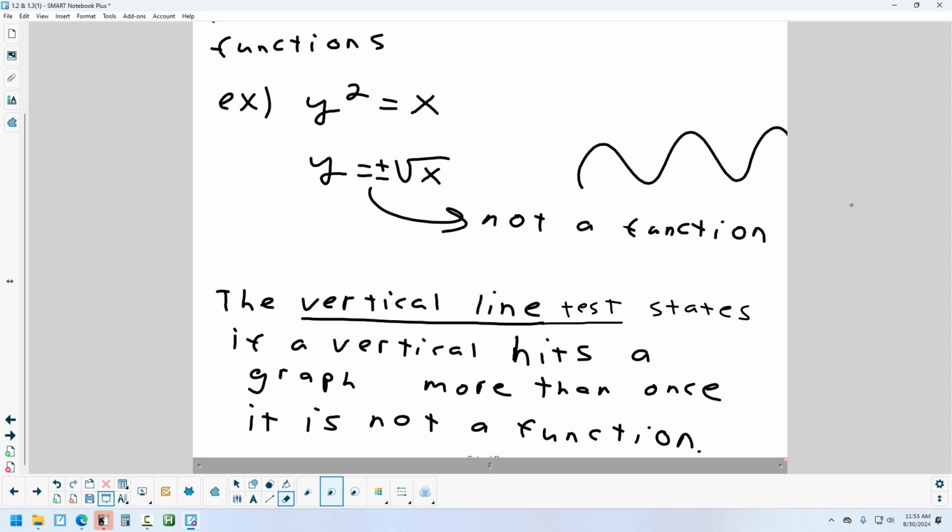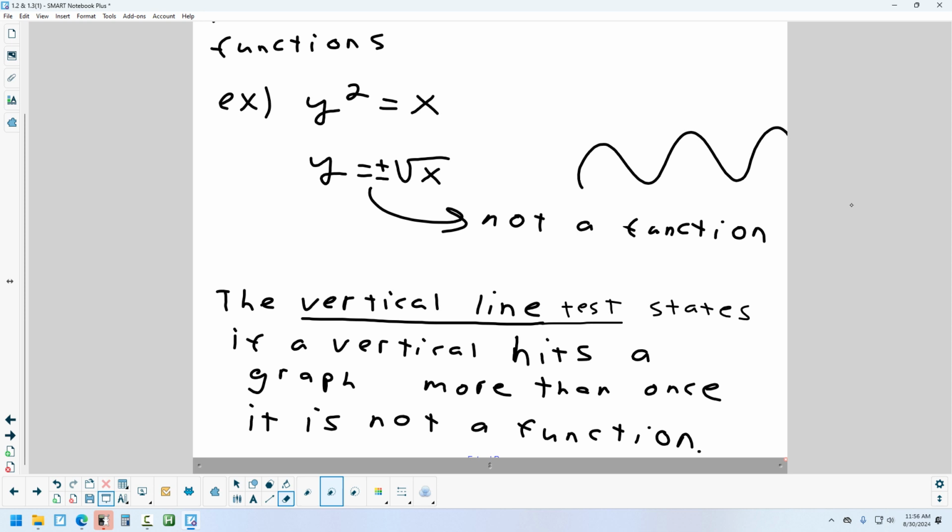A horizontal line does. That's a little different. But a vertical line never hits more than once. So any questions on the vertical line test? Okay.